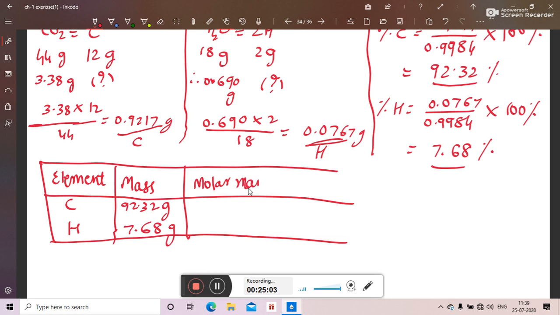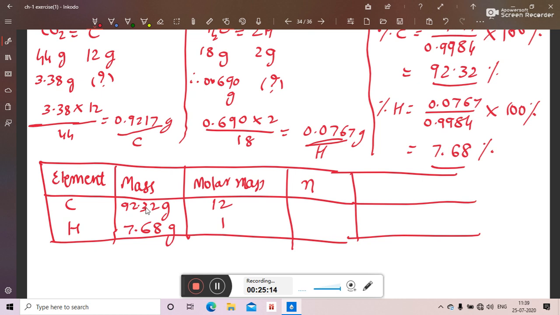In the third column, we have to write molar mass. So molar mass of carbon is 12 and molar mass of hydrogen is 1. In the fourth column, we have to find out number of moles. For that, we have to divide mass upon molar mass. So 92.32 divided by 12 will give you 7.69. And 7.68 divided by 1 is 7.68. Now we have to find out simple ratio. Out of the two number of moles, 7.68 is the smallest, so we divide both the numbers by it.